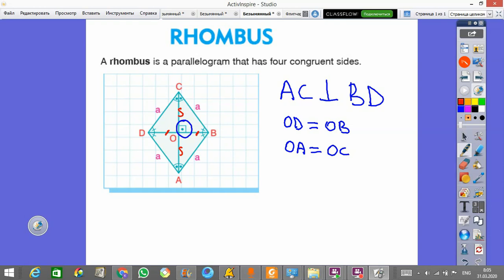For example, in the figure, the diagonal AC is the bisector of angle A and angle C. Angle C, this one.